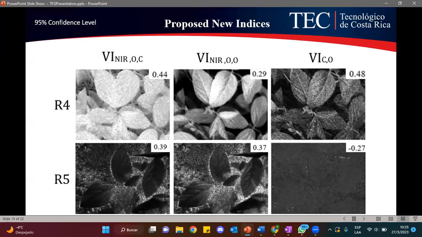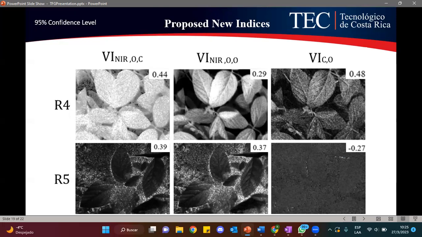In here, you can see the three vegetation indexes, rasters, as an example, with a correlation value. This correlation value is the correlation between the vegetation index values and leaf area index.